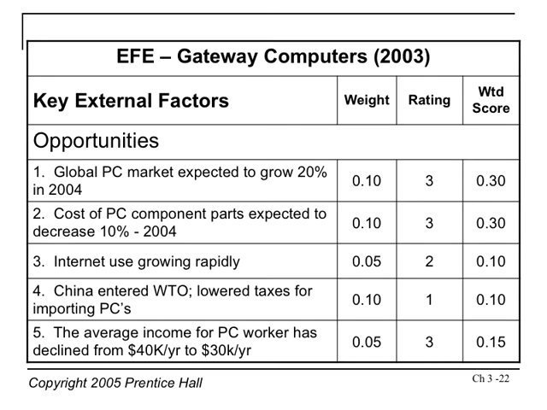But we know from what we said that the global PC market growing is more important than the average income of PC workers. So let me repeat: even though two factors have the same rating, when you add the weighted score, it shows the important difference, and this will be given a higher score than this one. Everybody with me?